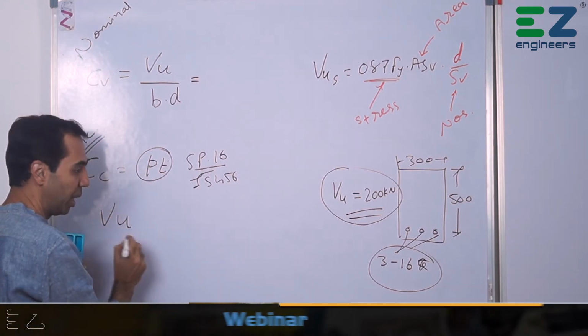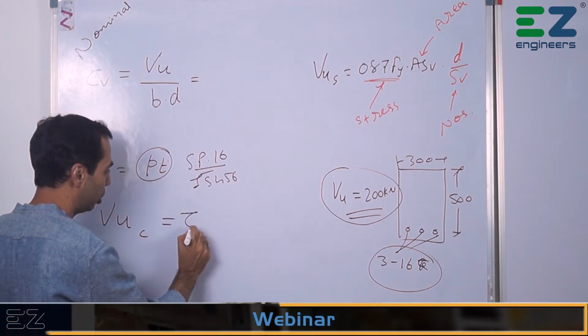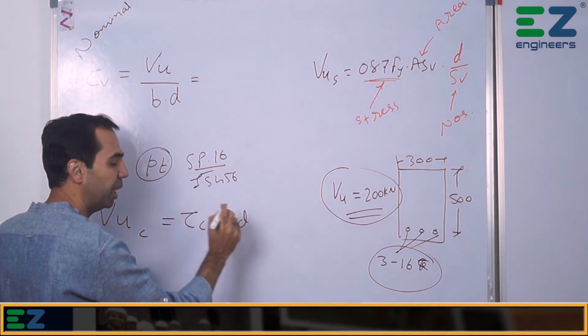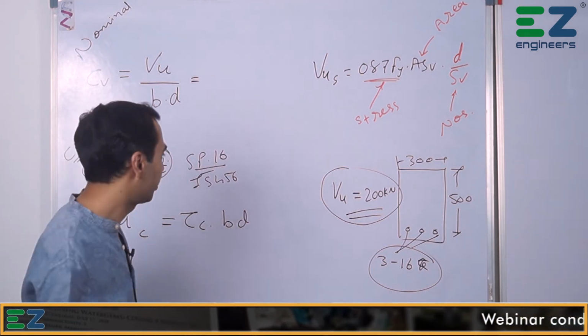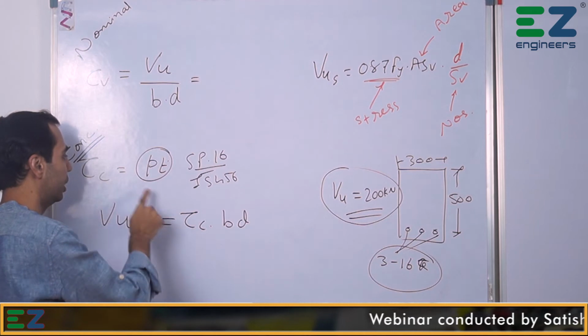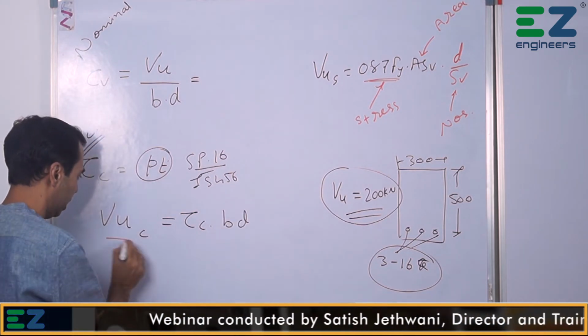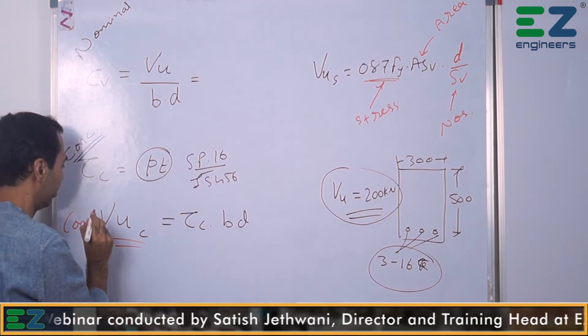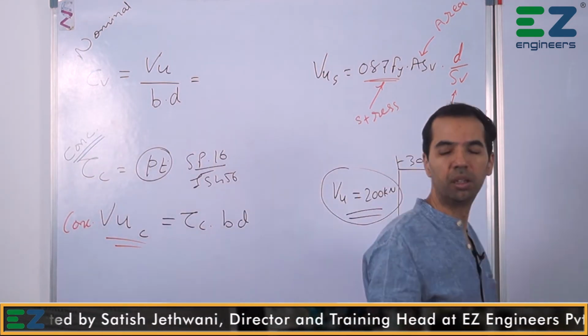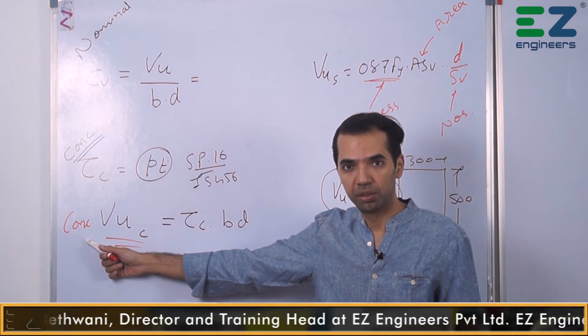Shear to be taken by concrete is equal to tau C into Bd. Okay, so this stress multiplied by B and D. This is by concrete.